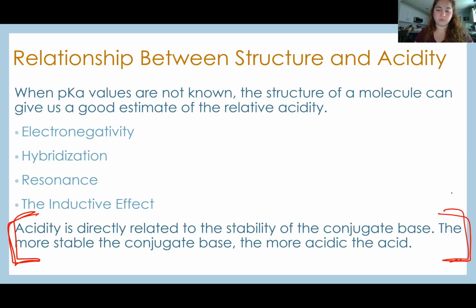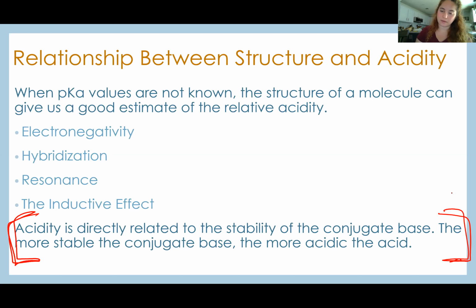So then if you have something that's not very acidic, say ammonia, which has a pKa of 38, that means that compound is happier existing as NH3 than as NH2 minus and H plus. And the reason why is that NH2 minus is incredibly unstable. It is very, very reactive.